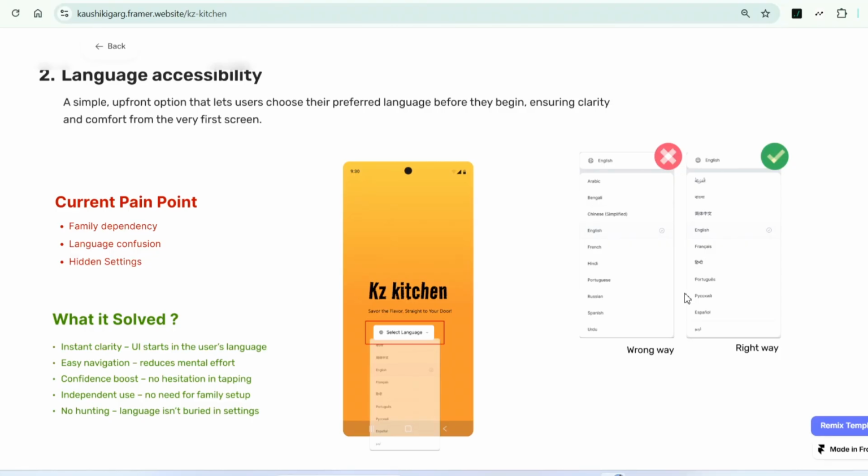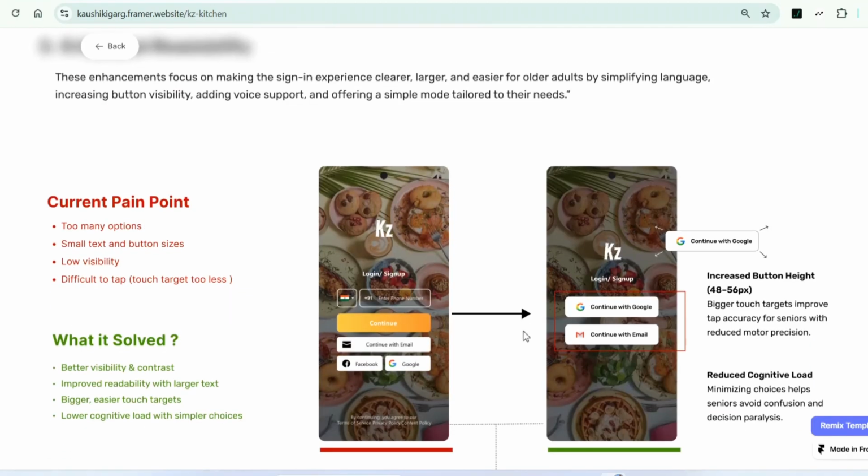Then would you have been able to identify what is written? No, right? Similarly, if every language is written in English only, and someone doesn't know how to read English, how will it work? So that is why I suggested that the language option should be in the language which it is presenting.